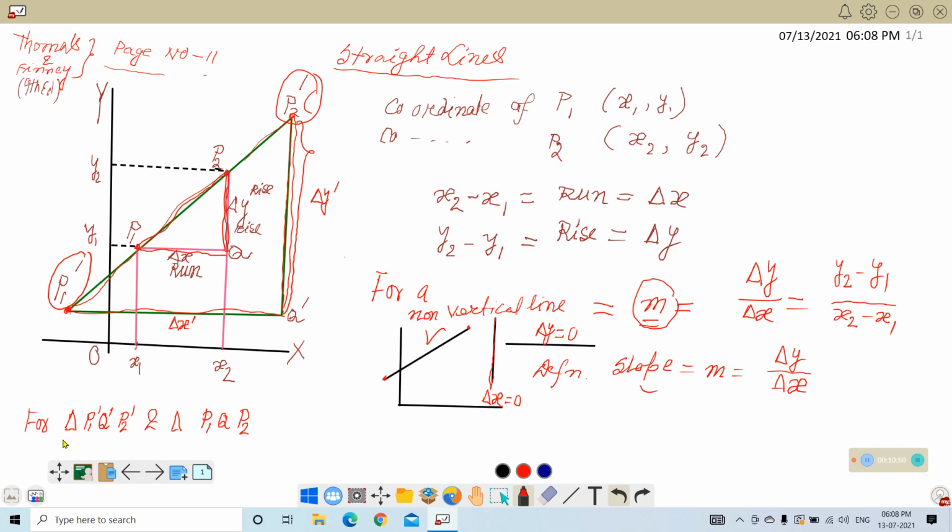So for these two triangles, delta y prime divided by delta x prime is equal to delta y by delta x, which is equal to m.